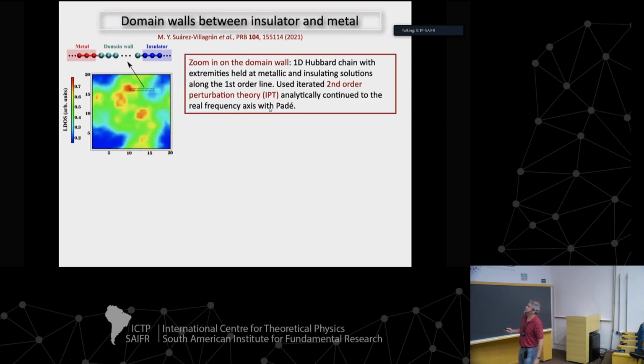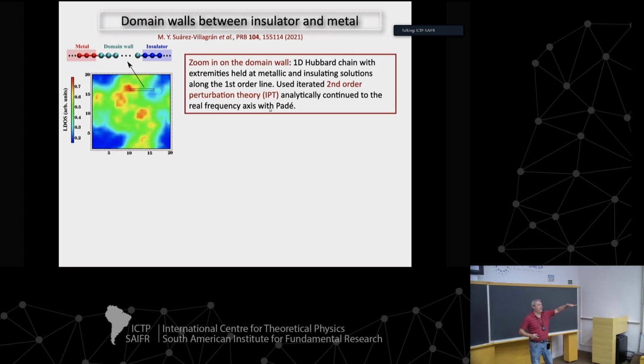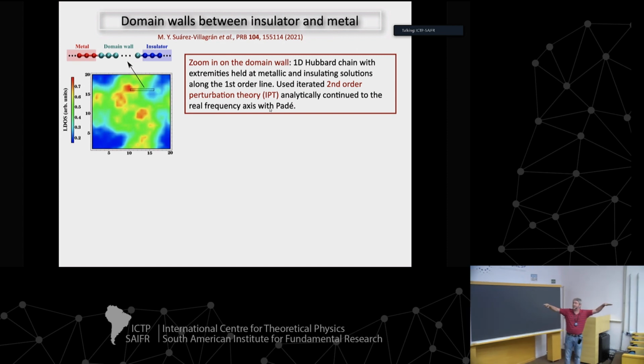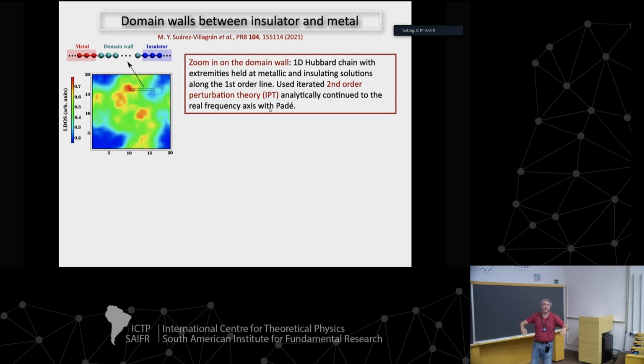So the first thing we did was to zoom in on one of these domain walls, and you can define a one-dimensional problem, mimicking this narrow region as you cross one domain wall. What you can do is fix one side of a long one-dimensional chain on the metallic solution, fix the other one on the insulating solution, and look at the behavior in between as you go smoothly from the metal to the insulator.